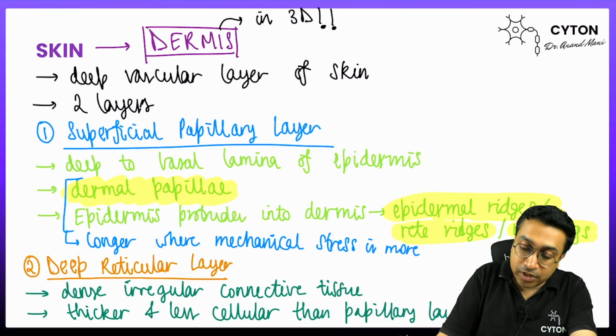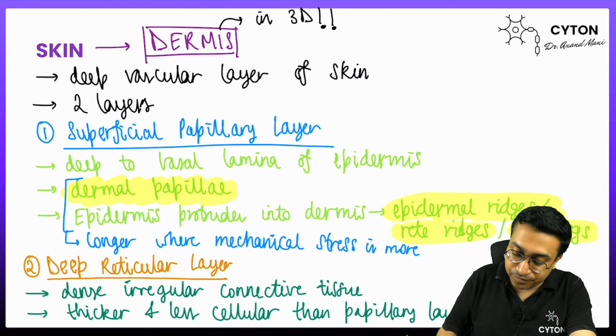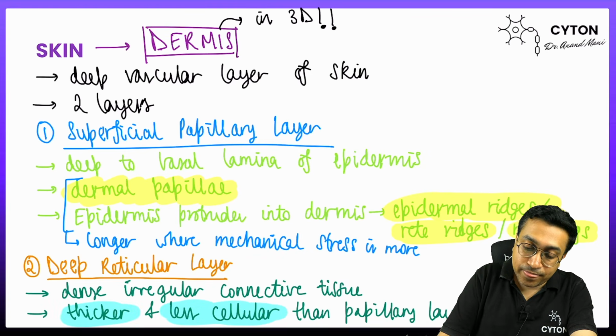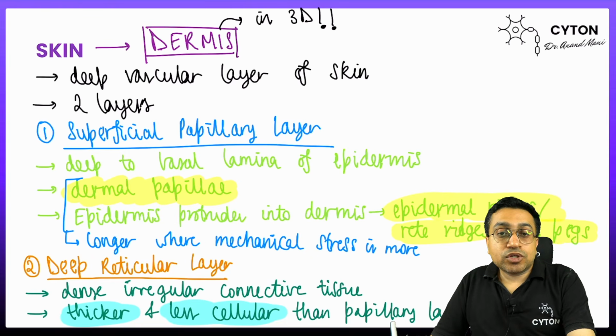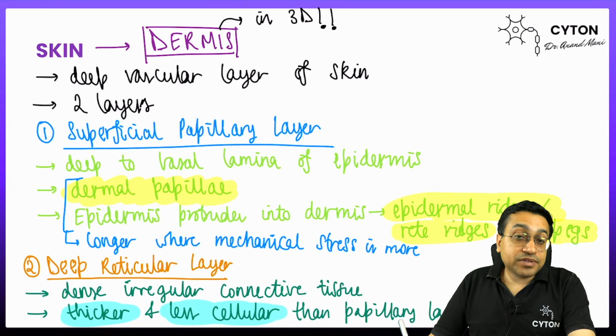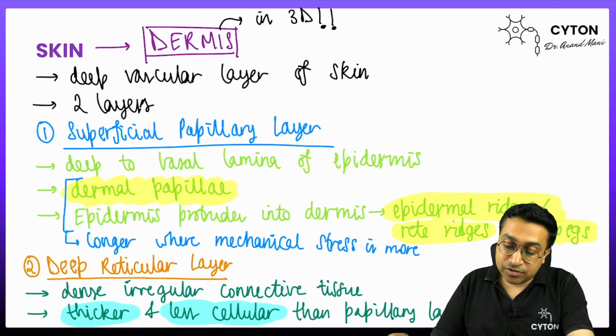Please mark it as important again, thicker and less cellular. So this consists of thick irregular bundles of type 1 collagen fibers and elastic fibers.